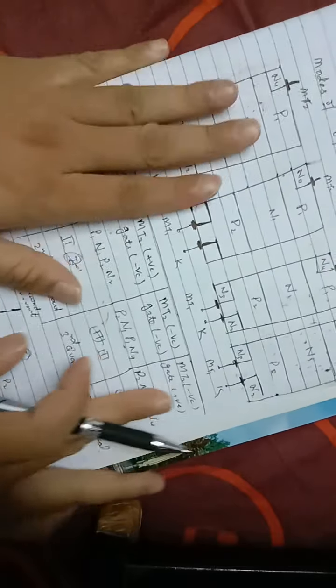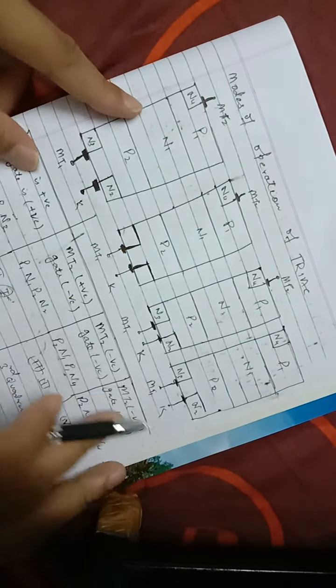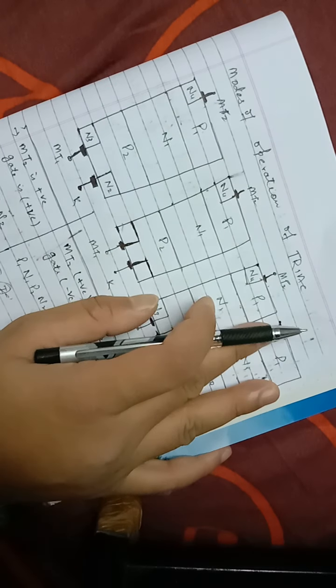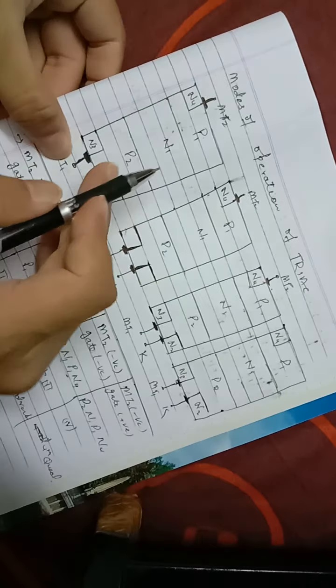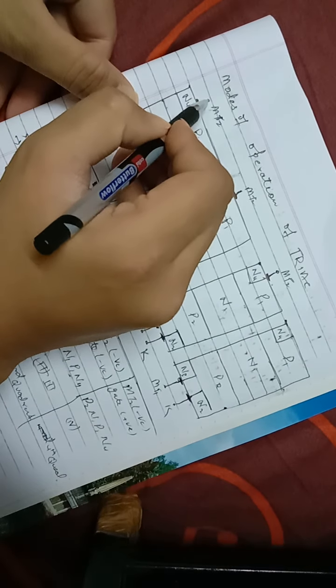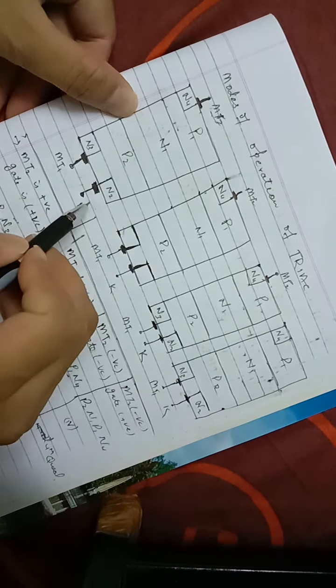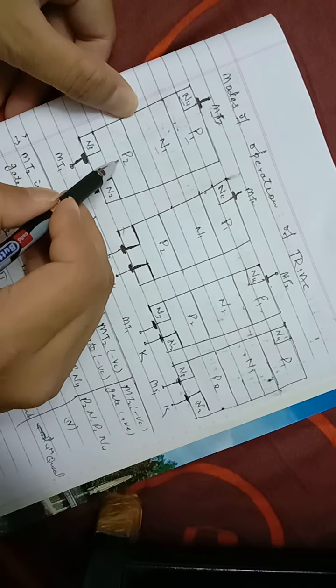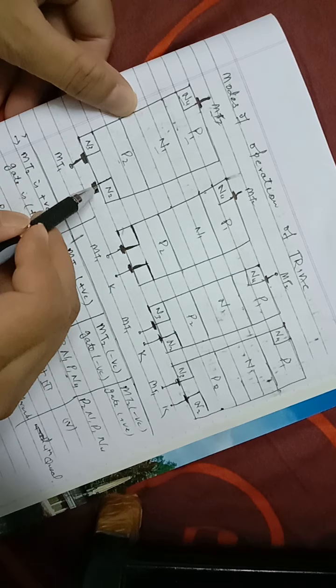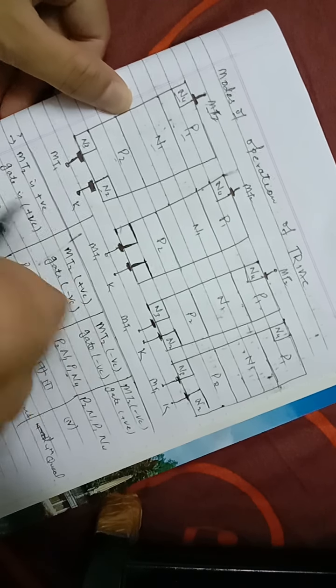Now what we have to study is the modes of operation of TRIAC. So what are the modes of operation of TRIAC? Here we can see we have one terminal called MT2, then N4, P1, N1, and then P2, N2, N3.